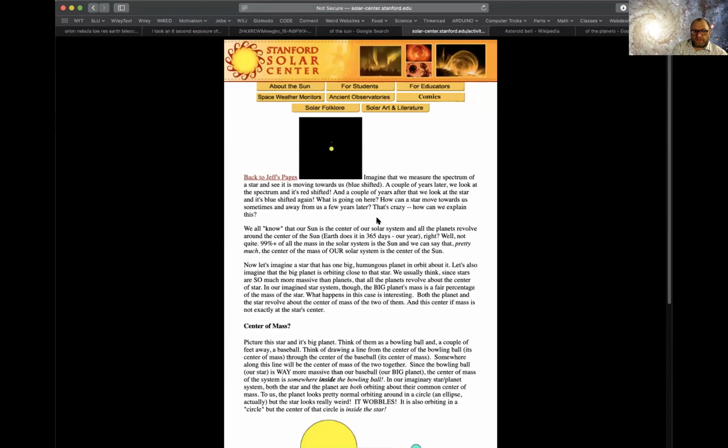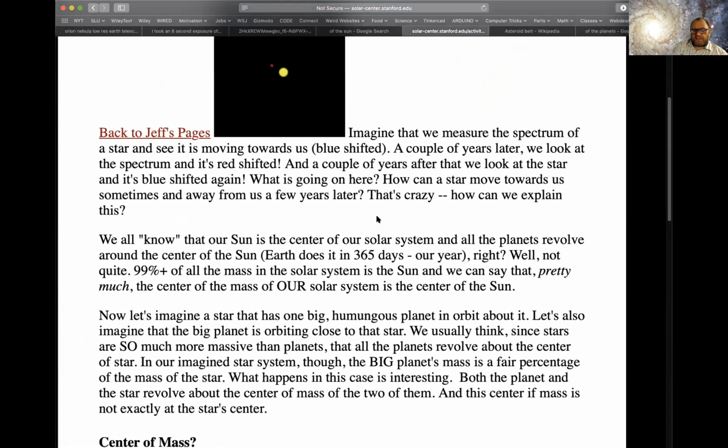So it says here, imagine that we measure the spectrum of a star and we see it moving towards us. Then a couple years later, we look at this spectrum and we see that it's redshifted. And then we see that it's blue shifted again.